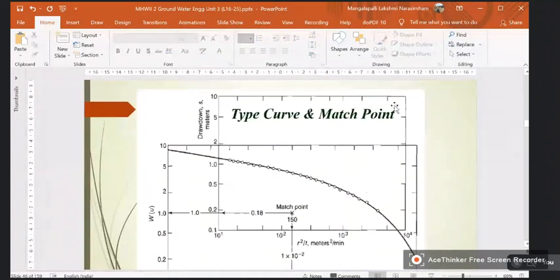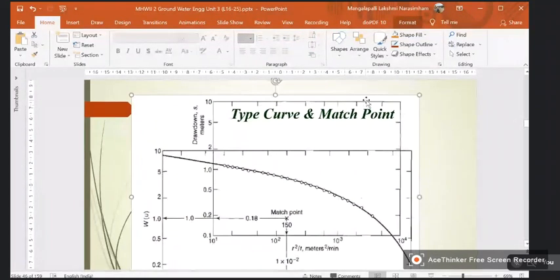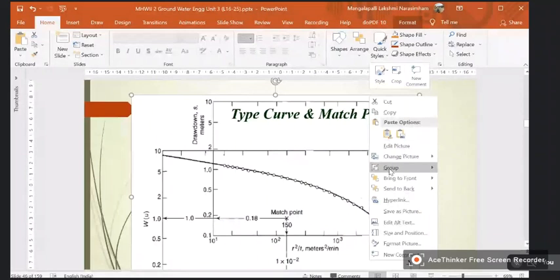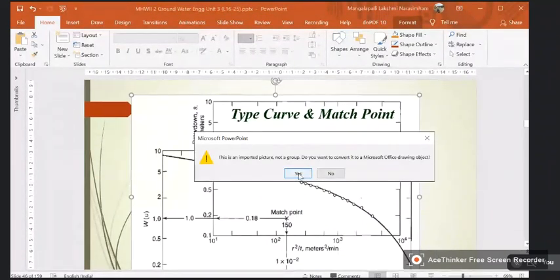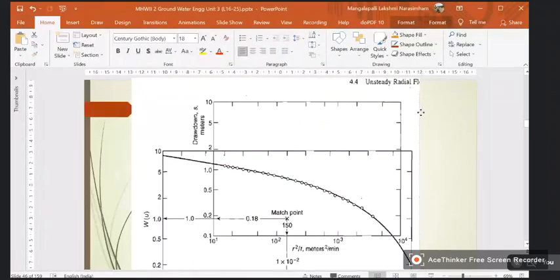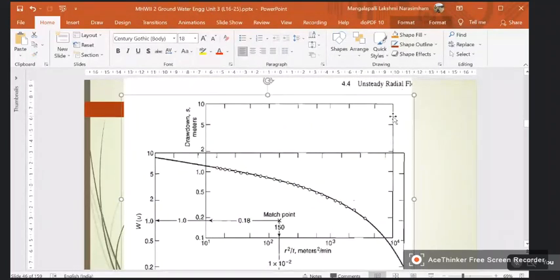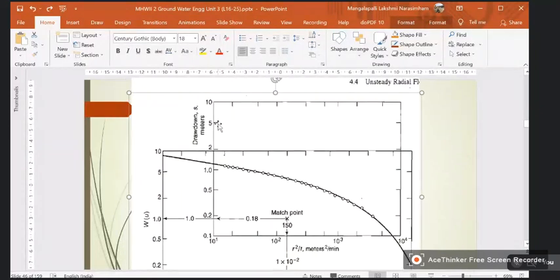So this is your type curve. Now here I am. Okay, it's not possible. So this top one, I will highlight it.